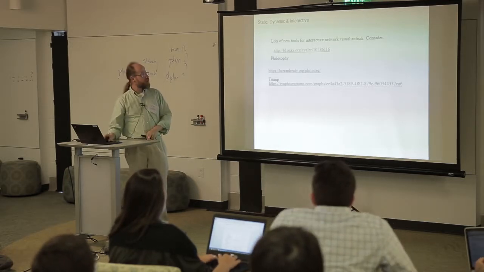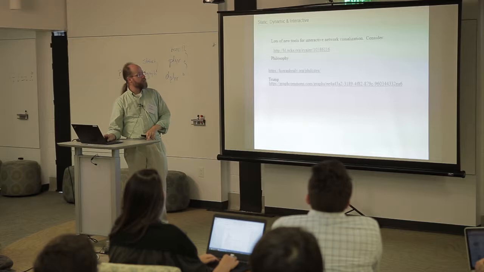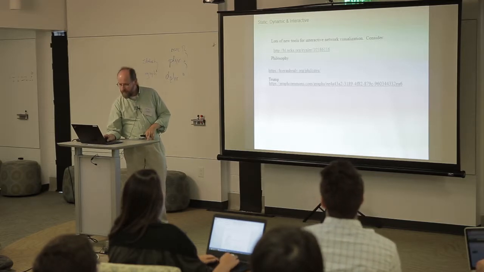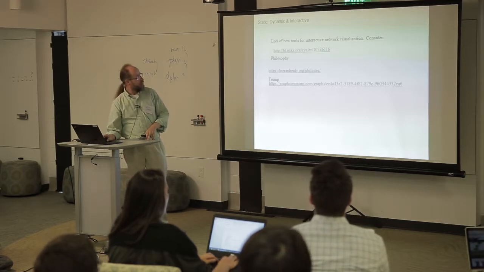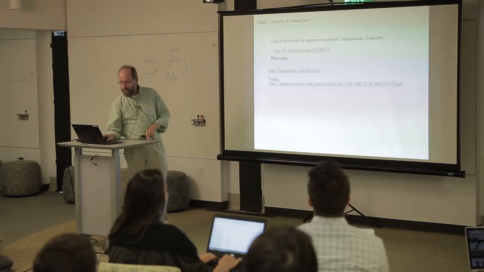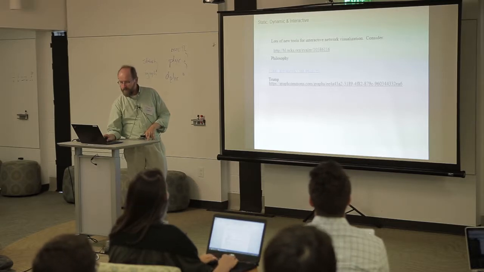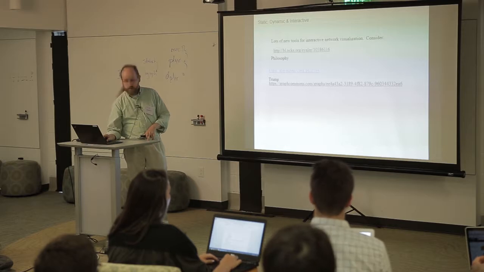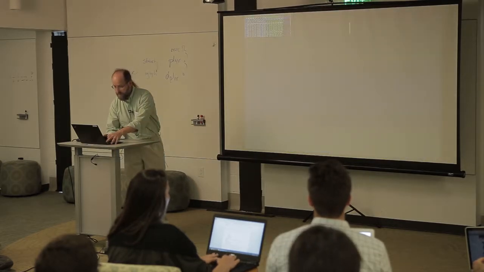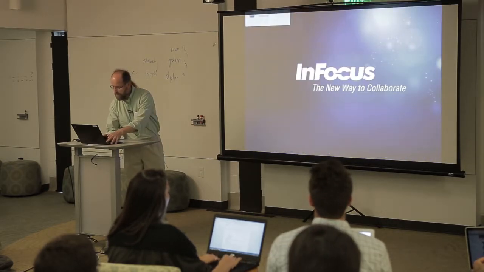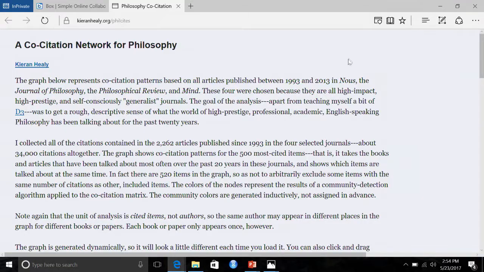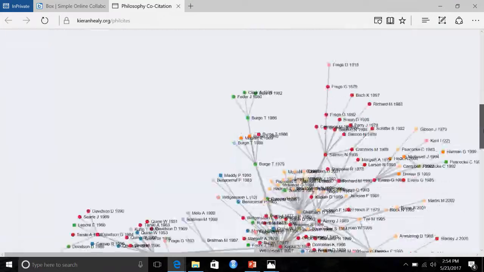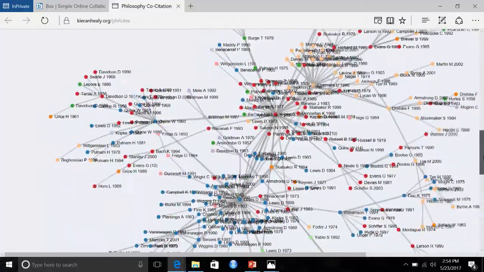There are a lot of new ways of looking at networks interactively, and so let's see if I can get this to work. Let's start with Kieran's here. These kinds of networks are fun to play with.